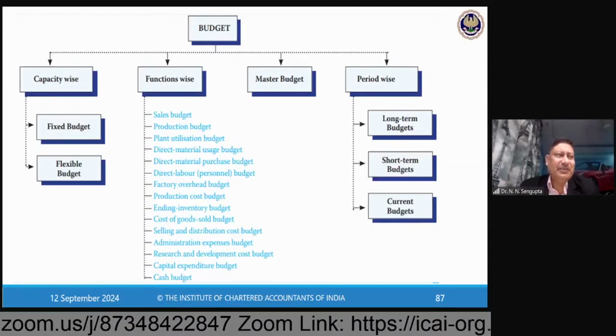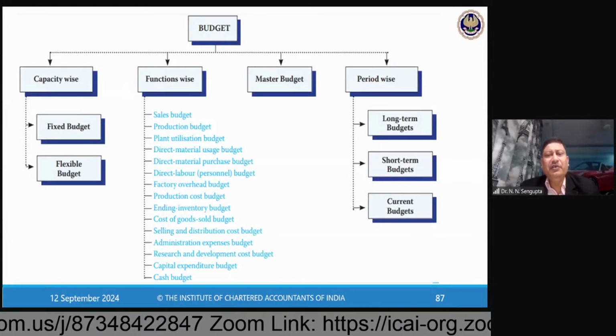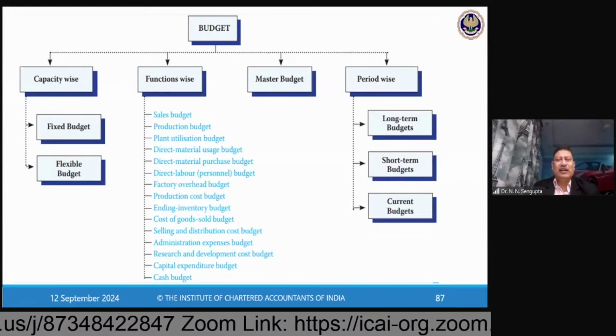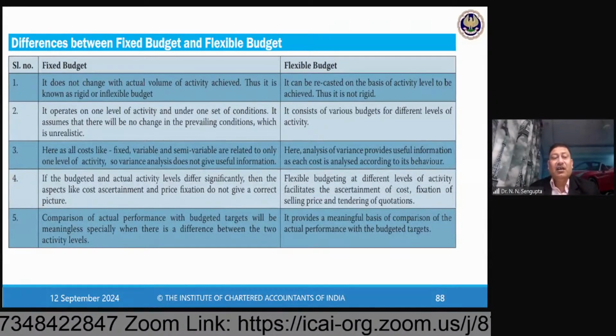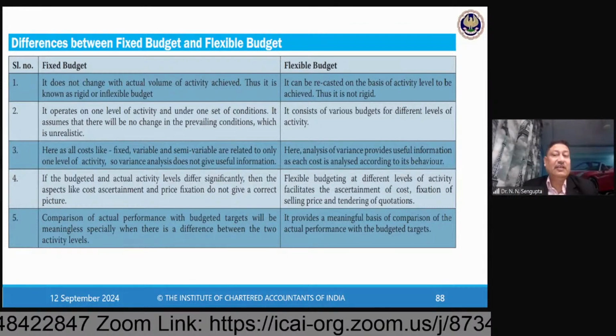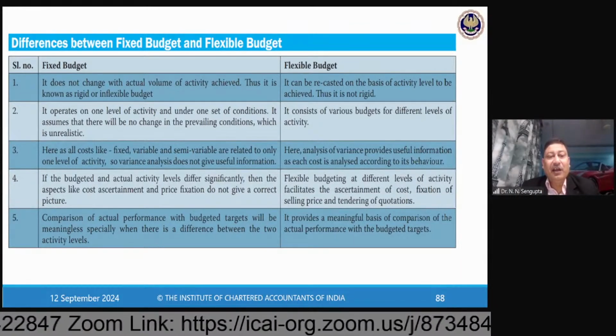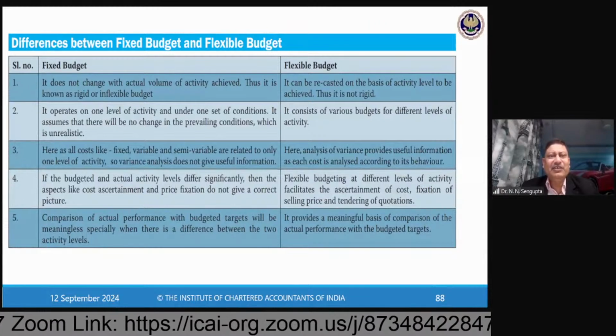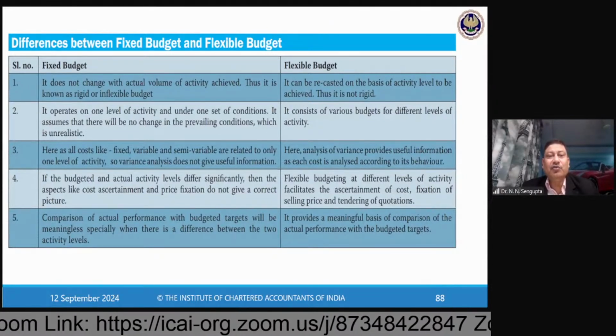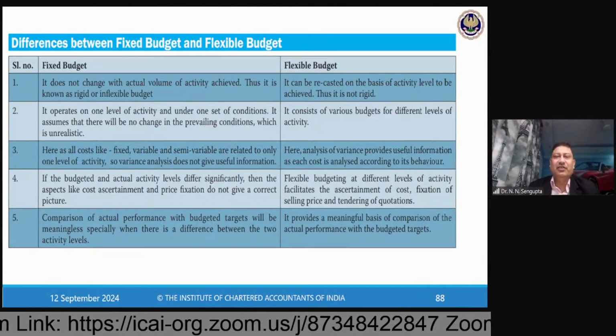So different capacity, different conditions, how you are going to prepare the budget. That's going to be another very important area. The difference between fixed budget and flexible budget, obviously, you need to go through and understand. But the practical application of flexible budget, I think, is the most important area in budgetary control.